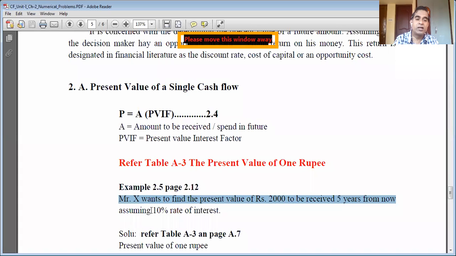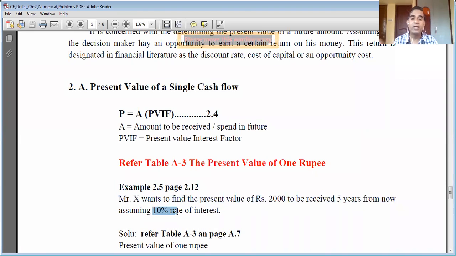The rate of interest or discount rate given is 10%, so I have to discount it at 10%. It means that if Mr. X invests 2000 rupees in a bank, he's going to get a return of 10%. So it's called an opportunity cost also.